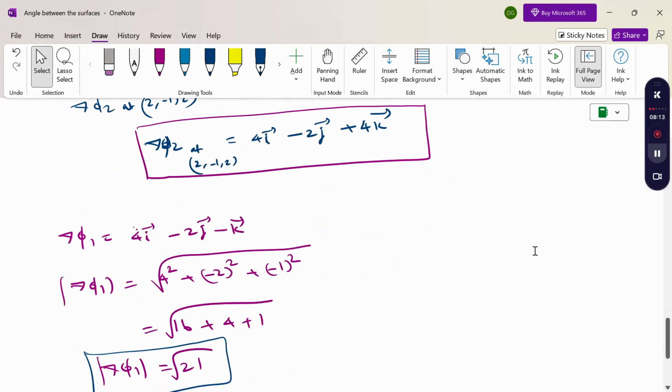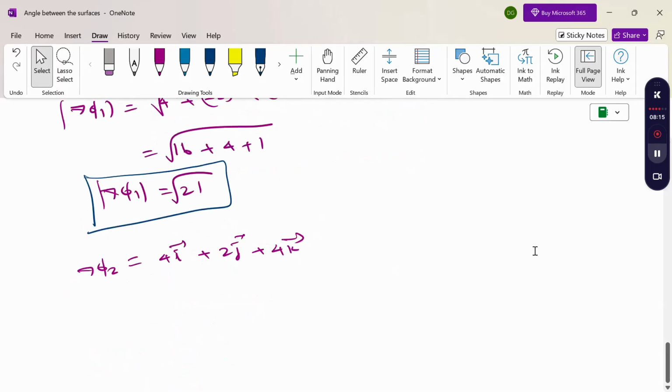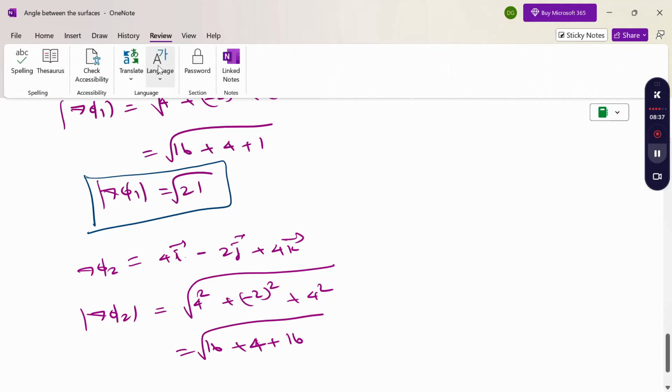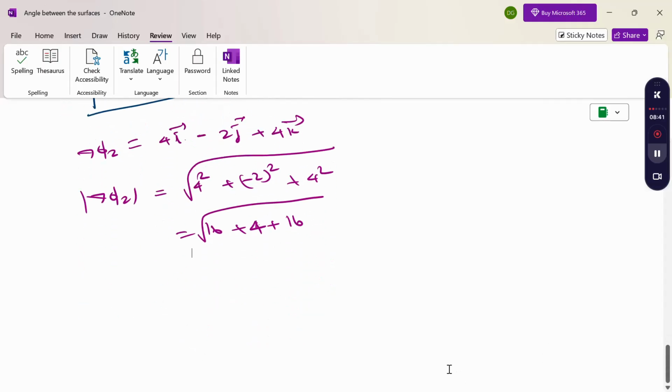Taking the modulus, square root of 4 square plus 2 square plus 4 square, that is 16 plus 4 plus 16, which is 36. So the modulus of del phi 2 is 6.